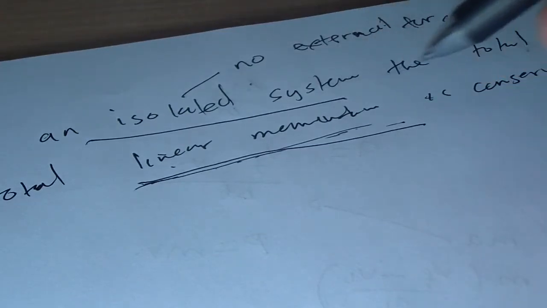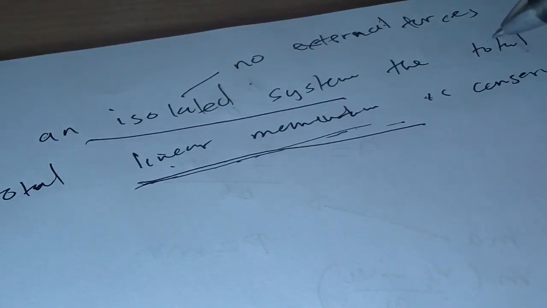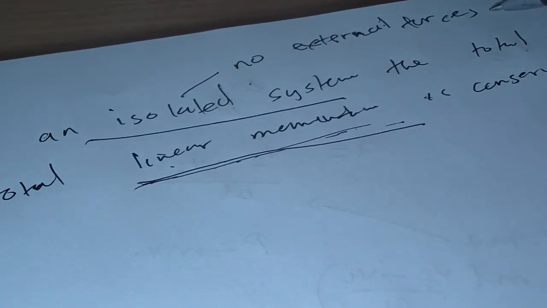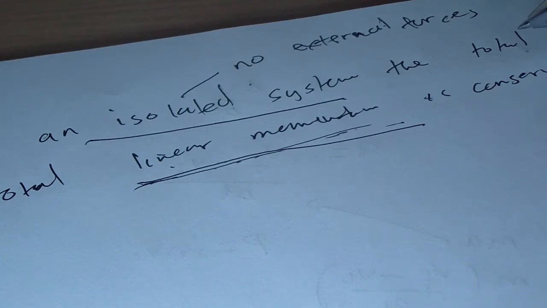In real life situations, it's not always the case that we've got linear momentum, but in grade 12, we stop at linear momentum. Okay, moving on. We now know that isolated system simply means there's no external forces, and in that case, momentum is conserved and it's acting in a straight line.